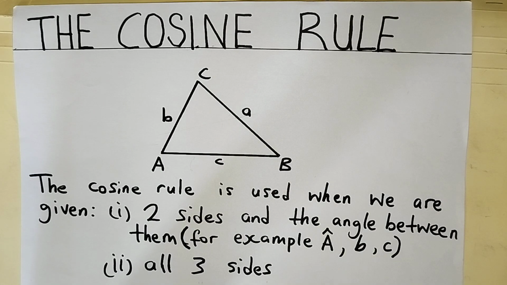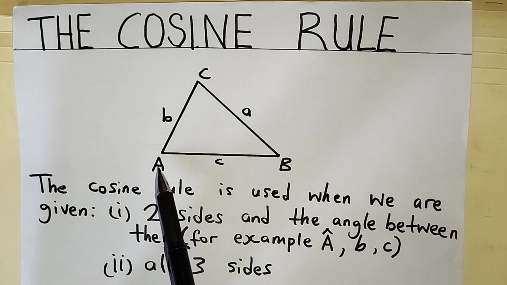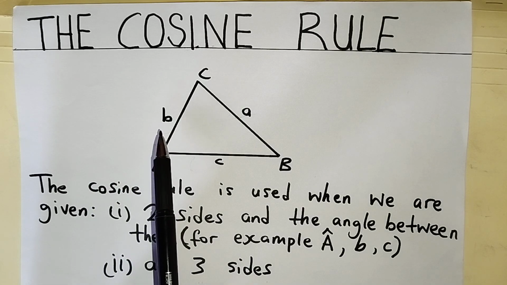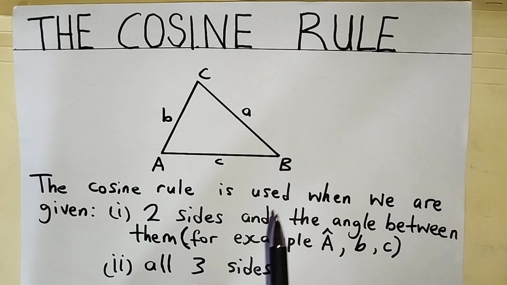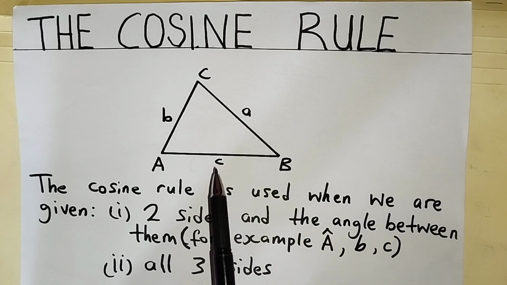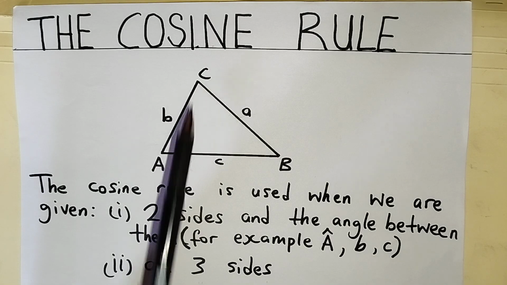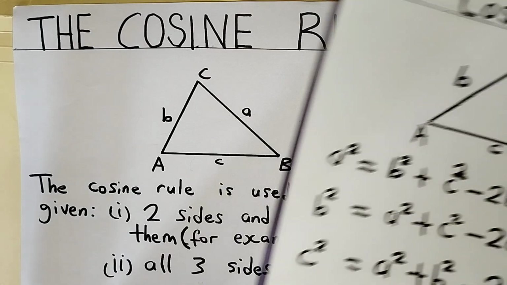Side length a, small letter a, is opposite the angle A, shown by the capital letter. Side length b is opposite angle B, and side length c is opposite the angle C. So let's proceed.